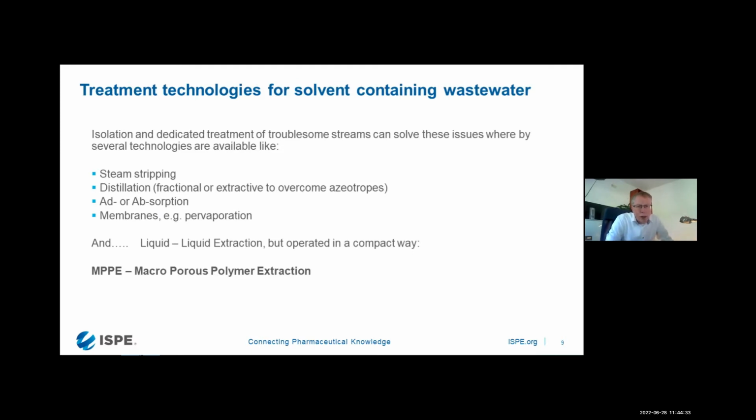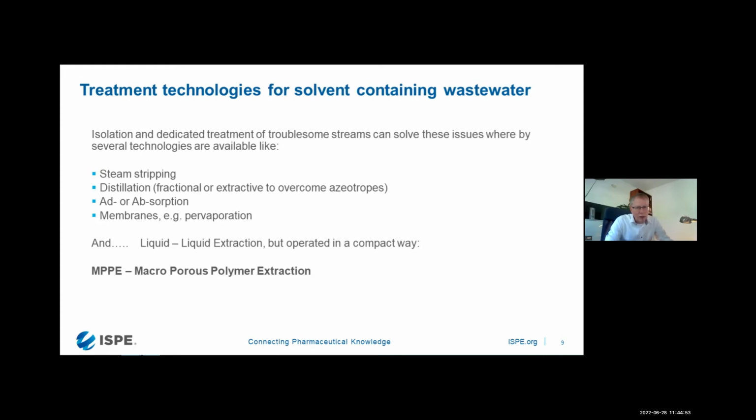When we are discussing with clients how we can solve it, then obviously one way of dealing with it is to isolate that troublesome waste stream going into the plant and have a dedicated treatment for that. And by doing that, solve the issues with the wastewater treatment plant.